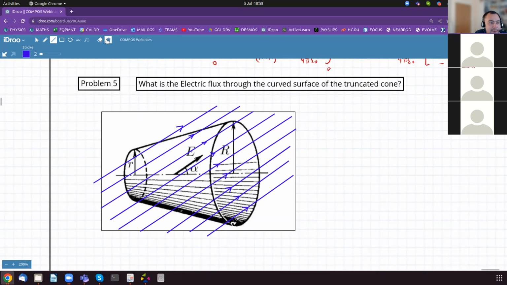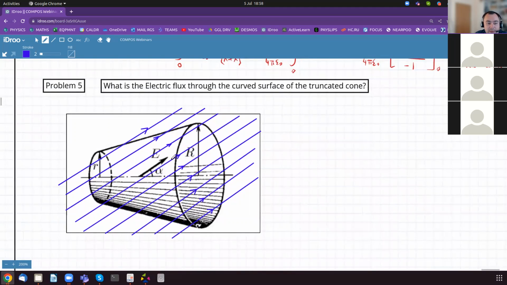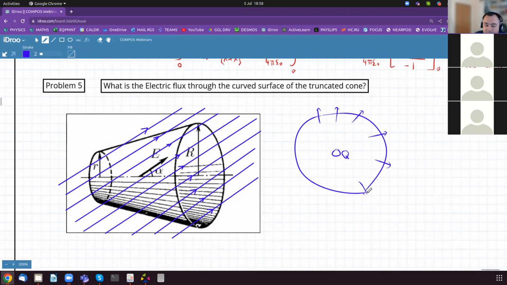Gauss's law says that if you have a surface, some kind of surface, it doesn't really matter what surface it is, and you have some charge inside it, then the total electric flux through that surface is equal to the charge inside that surface divided by epsilon naught, epsilon 0, where epsilon 0 is a constant.